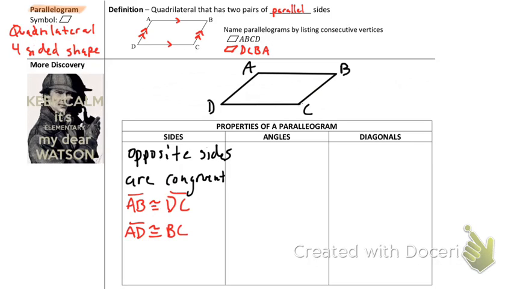That simply means if this side is AB, if this side has a measure of 10, then this side has a measure of 10.